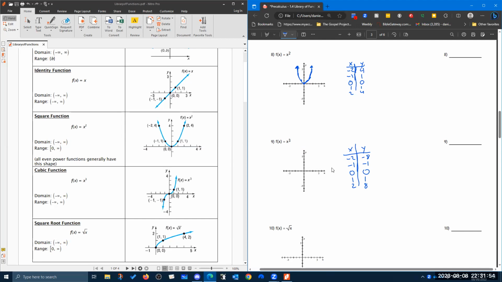I'm not going to be able to get all the way up to 8 or -8, so I'm going to have to deal with just the ones here. 0, 0, 1, 1, -1, -1. It's right there. And this is going to have a shape where 2, 5, 6, 7, 8 is up here somewhere, and -2, -5, -6, -7, -8 is down here somewhere.